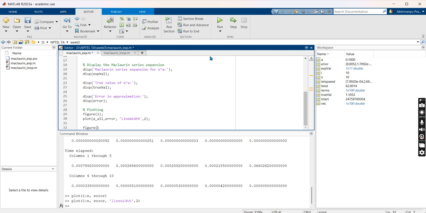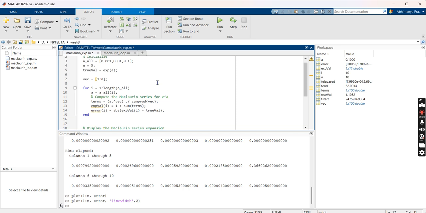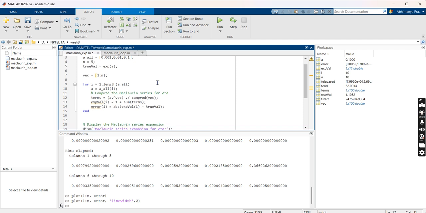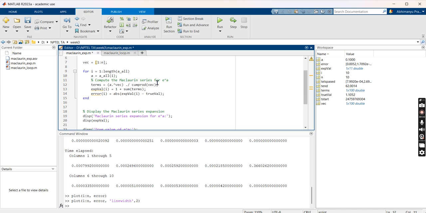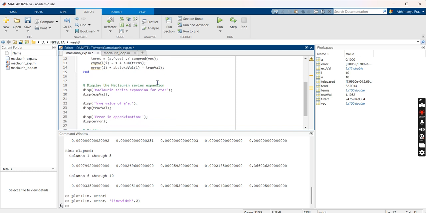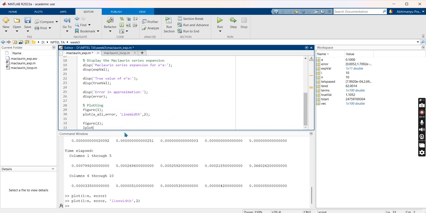And on another plot, I will plot the log plot of this.